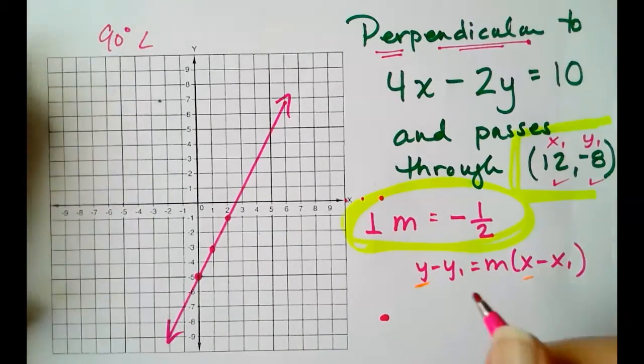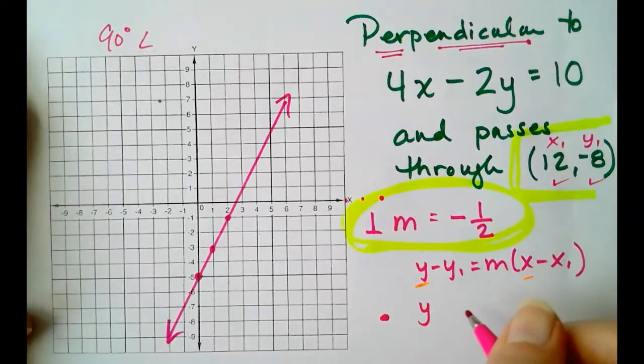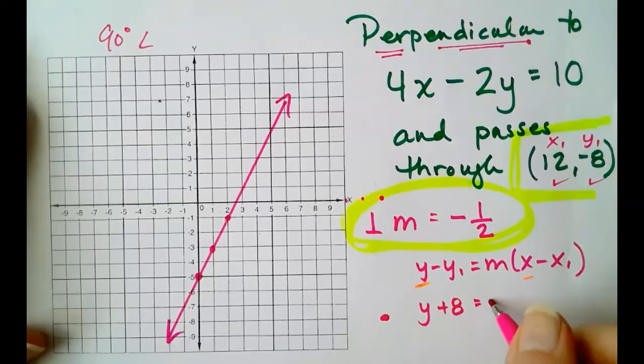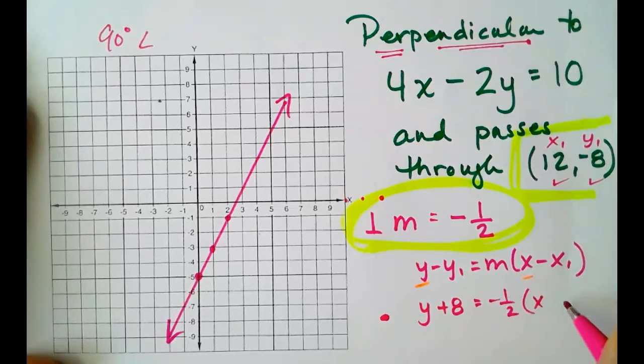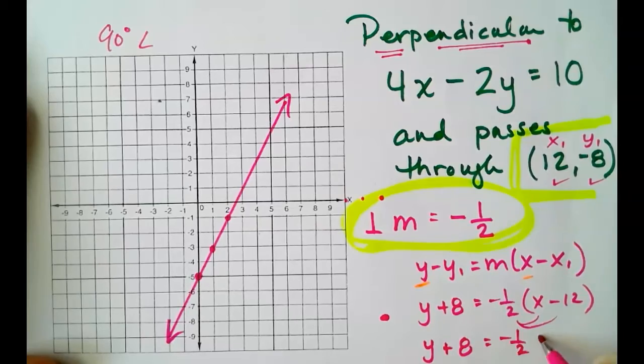Do not plug anything in for them. So y minus -8 equals our new slope, negative 1/2 times x minus 12. Distribute the negative 1/2. y plus 8 equals negative 1/2 x plus 6.